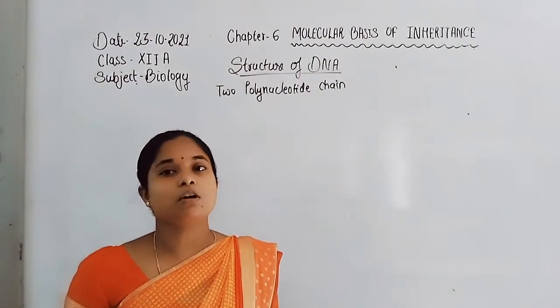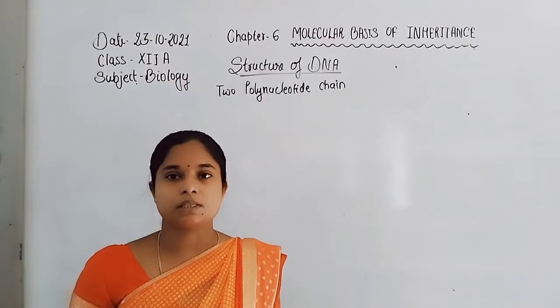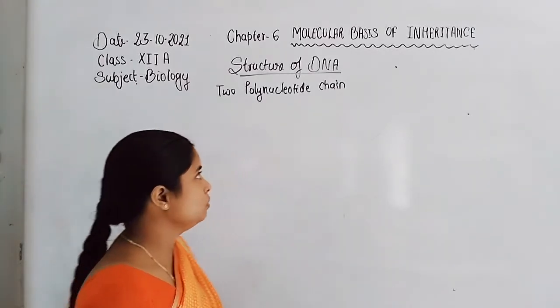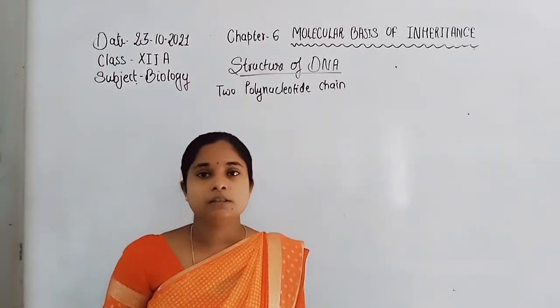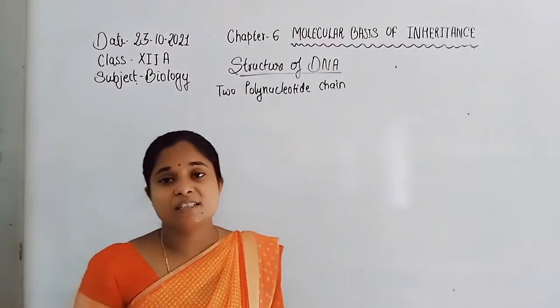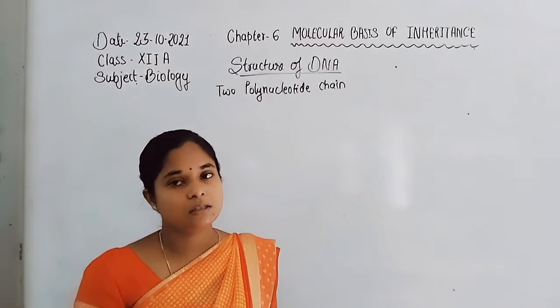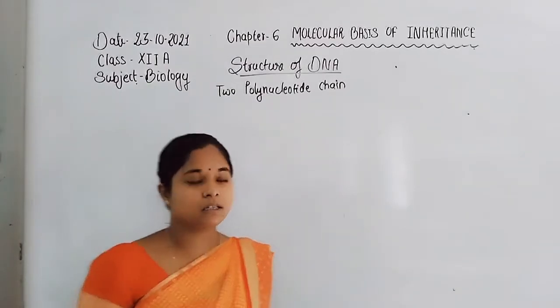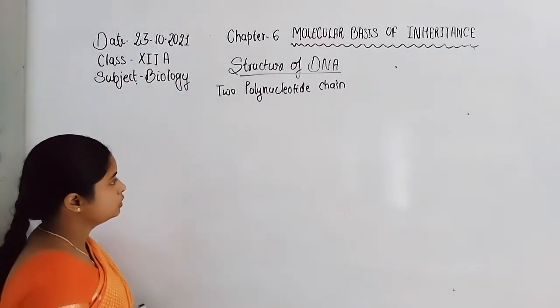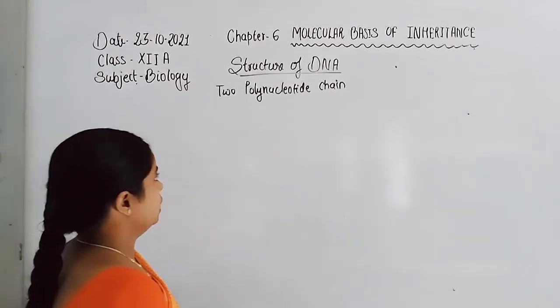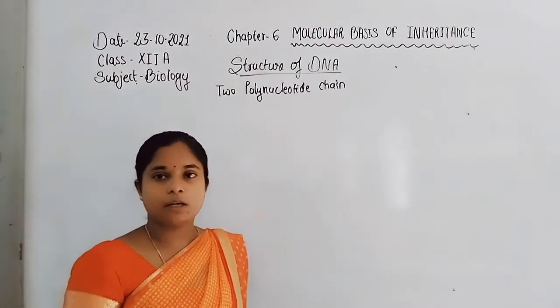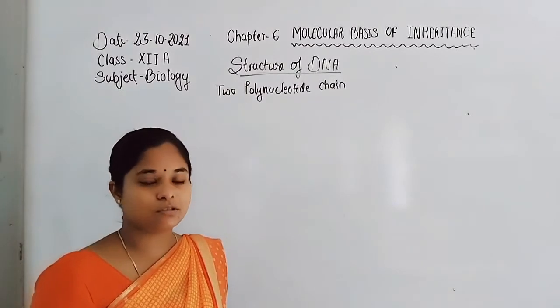So a total of 4 nitrogenous bases are present in the polynucleotide chain, where the two strands exist in a helical manner, in a double helix. So the structure of DNA is a double helical structure where two polynucleotide chains attach to each other by hydrogen bonds.